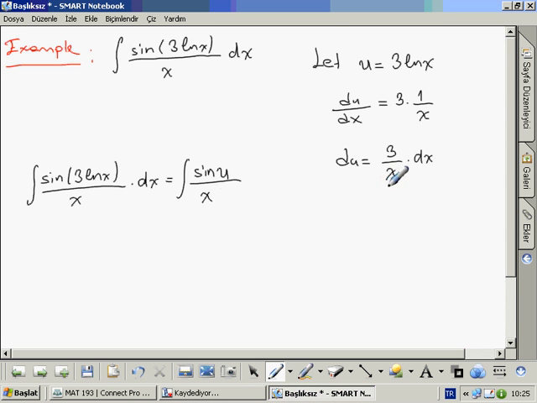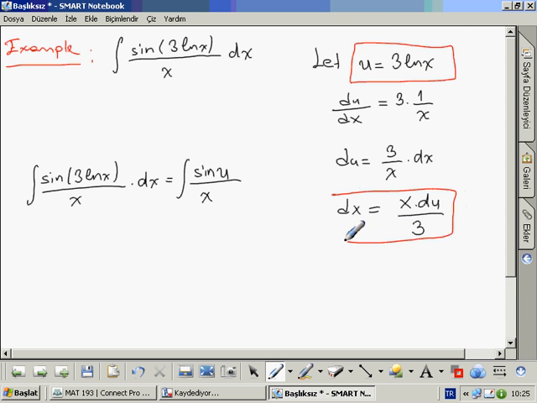From here, dx equals x times du over 3, and we will use only this part, times x times du over 3. This part will be cancelled, and we have only u terms, as you see.